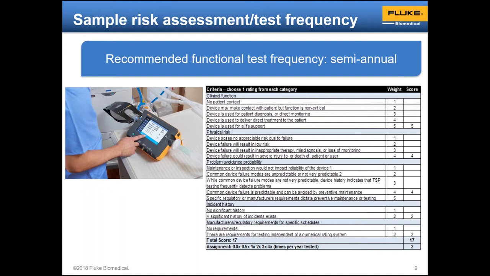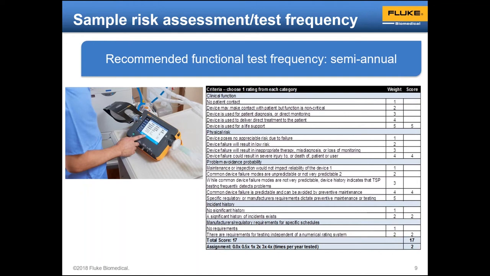Obviously more than 13, therefore, ventilators should be tested twice per year. Most of us would test electrical safety each time because it's a life support device. But you're going to test electrical safety at least once in those 2 times per year.